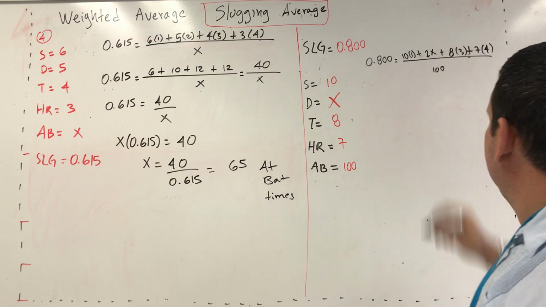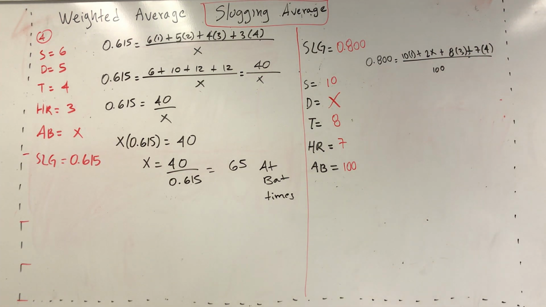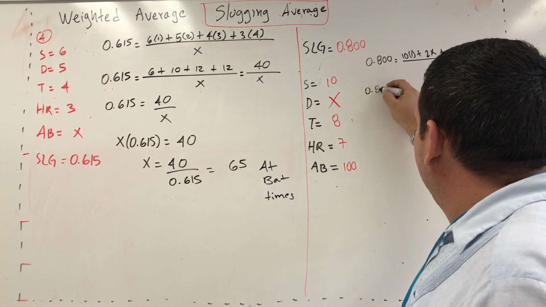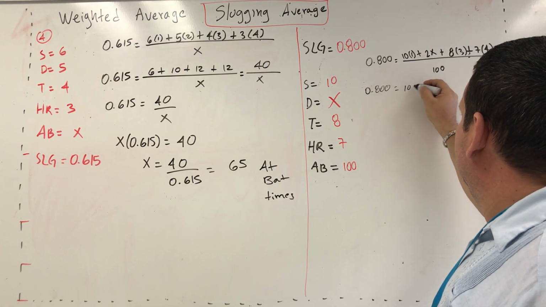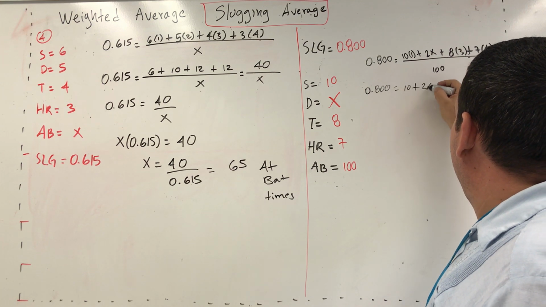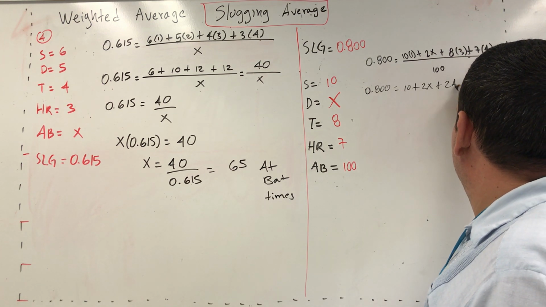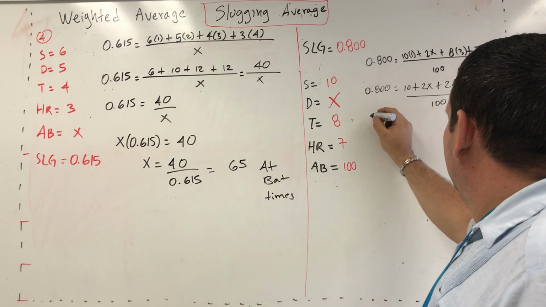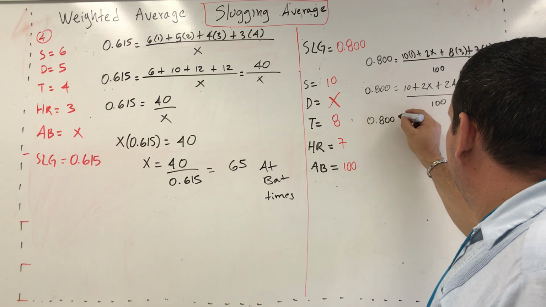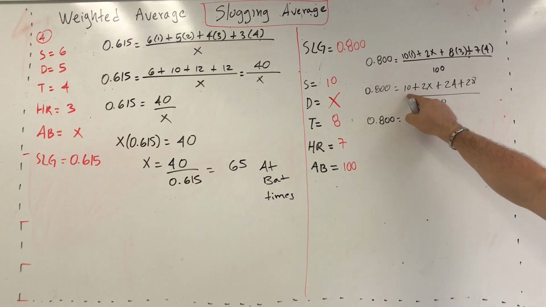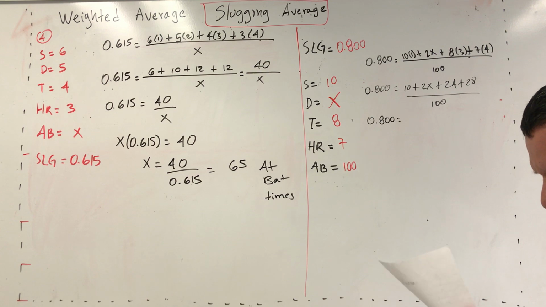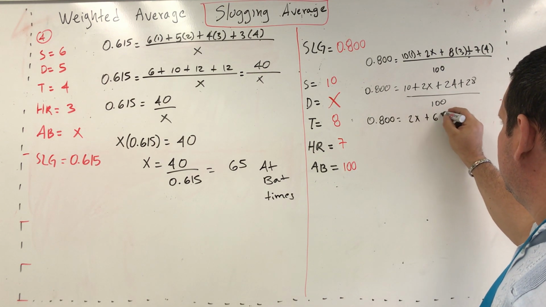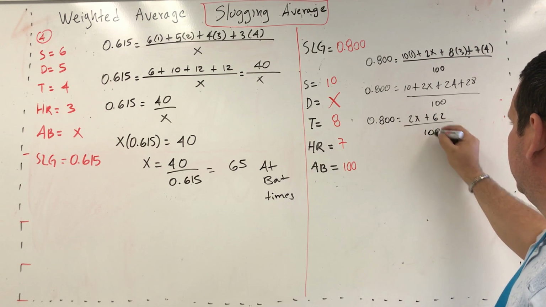So this is the equation that we will solve. 0.800 equals 10 plus 2x plus 24 plus 28 divided by 100. Let's make an addition of 10 plus 24 plus 28. That is 62. 2x plus 62 divided by 100.